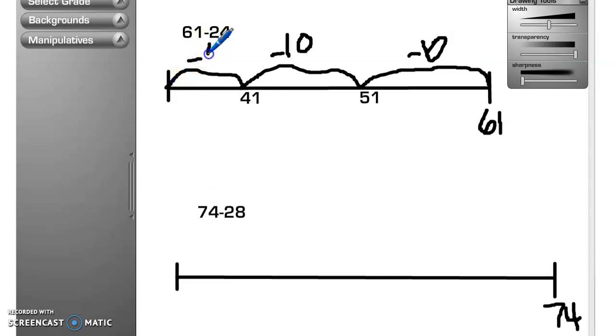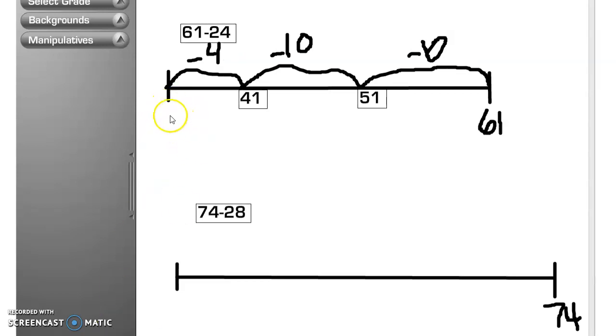So 41 minus 4 would be 37. So my answer to 61 minus 24 would be 37.